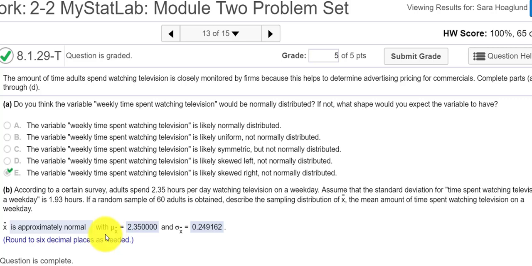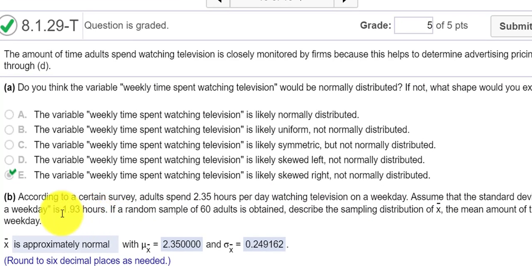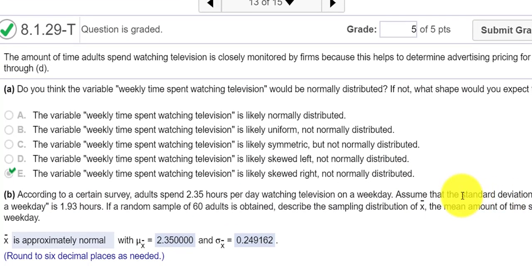So that means that our mean is going to equal our sample mean. So we have 2.35, so you see we can enter 2.35. But the standard deviation will change, right? Remember, we have to divide this standard deviation of 1.93 by the square root of n.